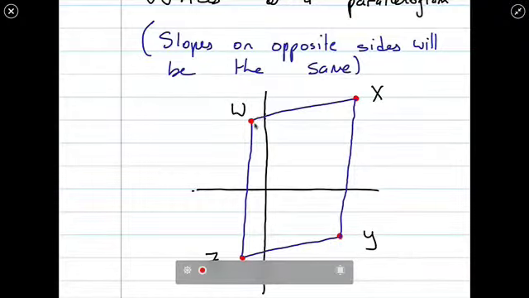So find the slope of WX and the slope of ZY, and they should be the same. The slope of XY and the slope of WZ should be the same. Only if this is equal to this, and this is equal to this, then it's a parallelogram.